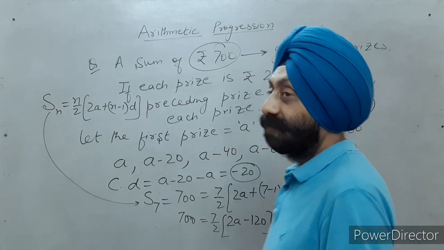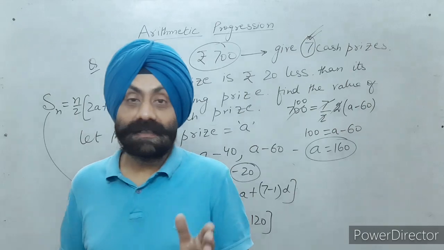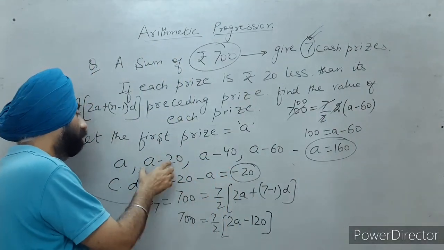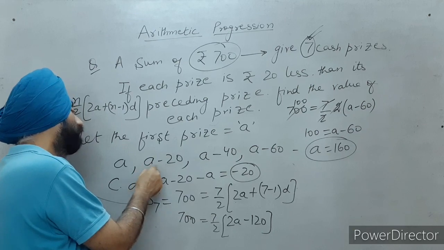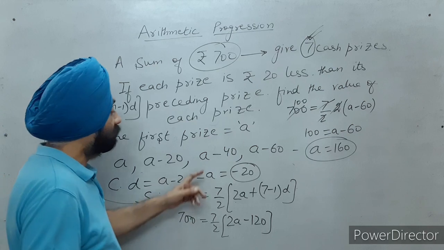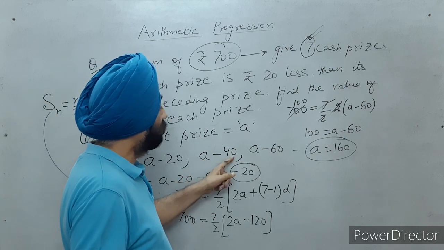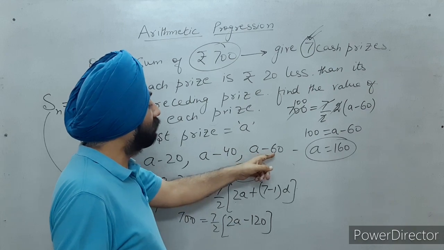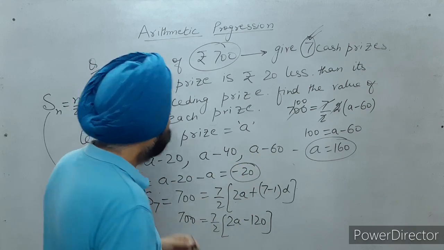That means my first prize is 160 rupees. Second prize will be 160 minus 20, that is 140. Next will be 160 minus 40, that will be 120. 160 minus 60, it will be 100, and so on.